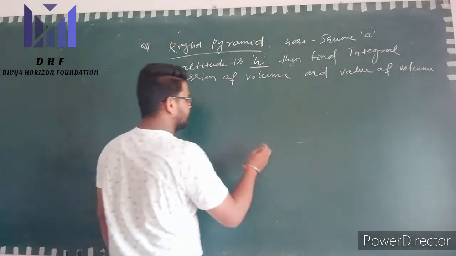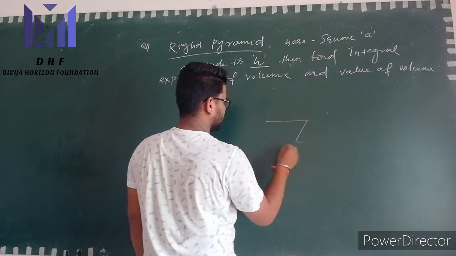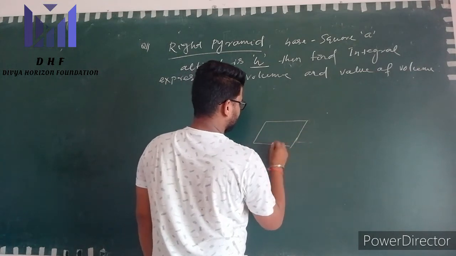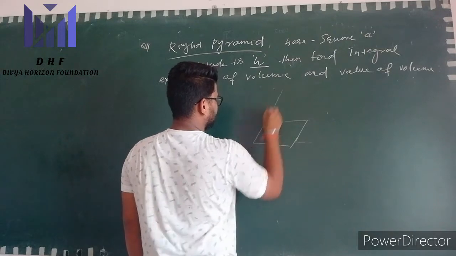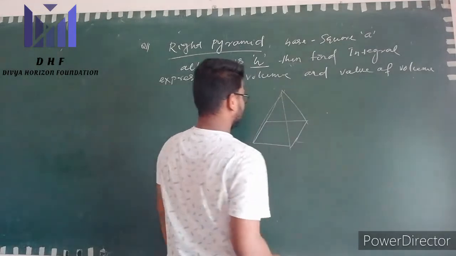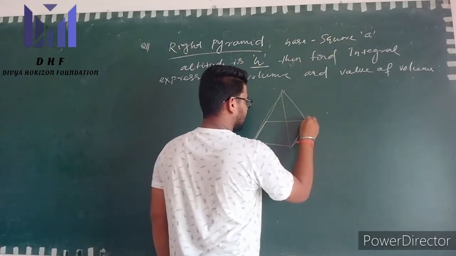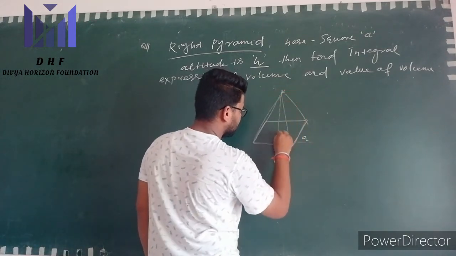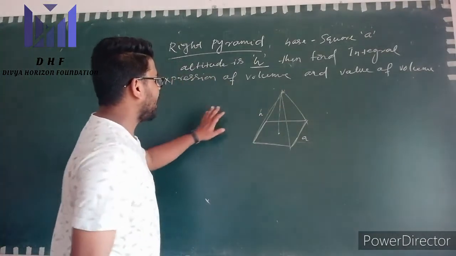Suppose now we draw a right pyramid whose base is a square of side A and the altitude, which means the height, is h. Then we find the volume.